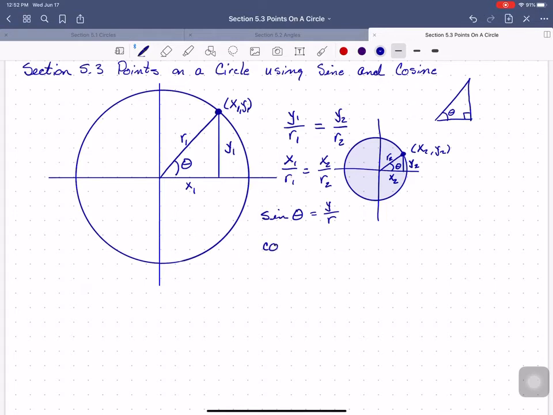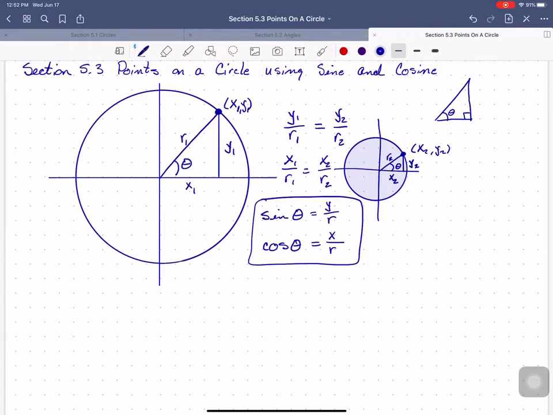And that the cosine of my angle theta is the length of the side adjacent to the angle divided by the hypotenuse, which in this case would be x over r. These are our relationships between our angles and our coordinates.